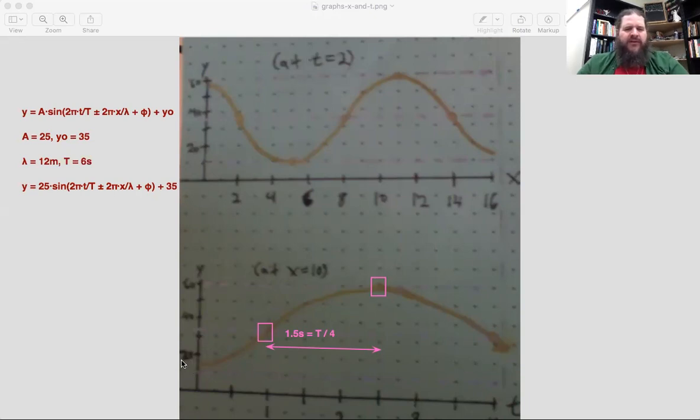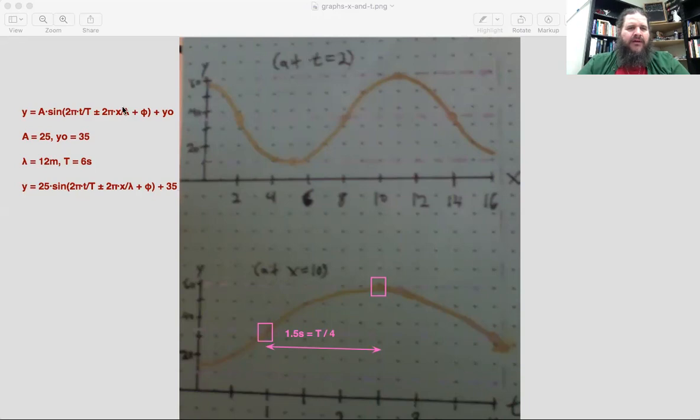And so even if you're dealing with a situation where you have not enough of the graph shown to get one full cycle visible, you can still often identify a specific portion of a cycle, a specific fraction of one period or one wavelength, and work it out from there. This is also sometimes a useful approach if the wave is oscillating too quickly to really notice.